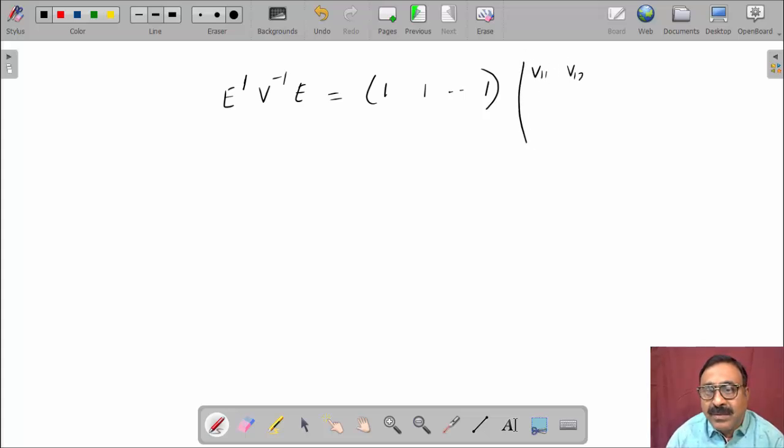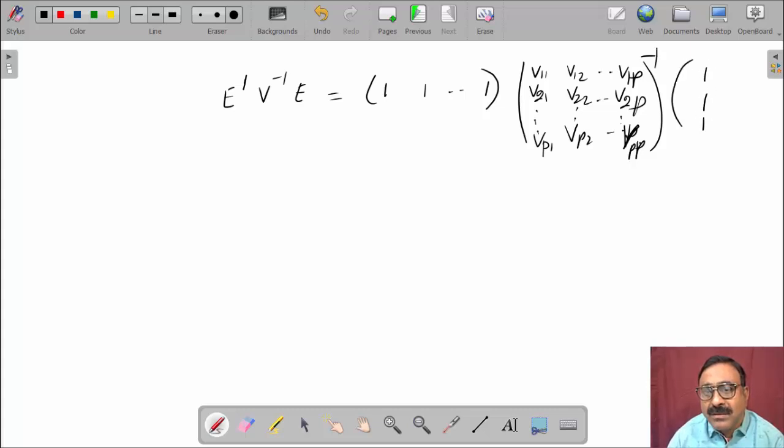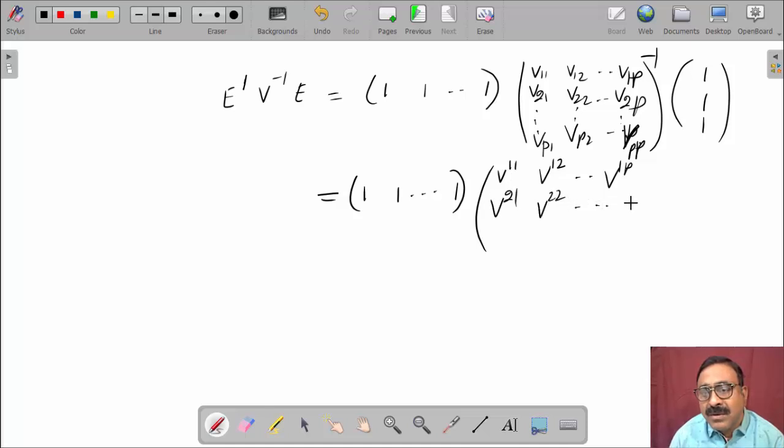So this is V11, V12, V1P, V21, V22, V2P, similarly VP1, VP2, up to VPP, this inverse, into 1 1 1, like this.